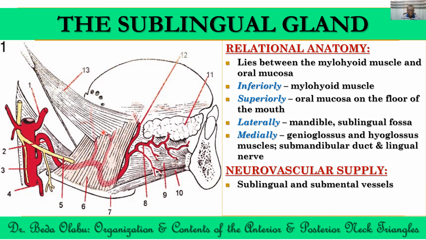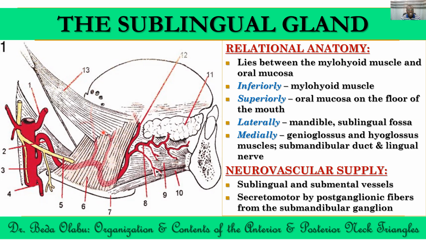So those are the arterial supply: branches of the lingual artery and branches of the facial artery. In terms of innervation, the secretomotor innervation is similar to that of the submandibular gland, postganglionic fibers from the submandibular ganglion, and you remember the long pathway.